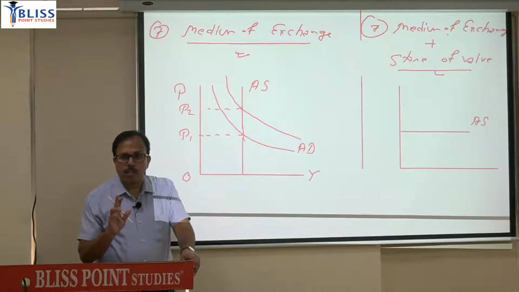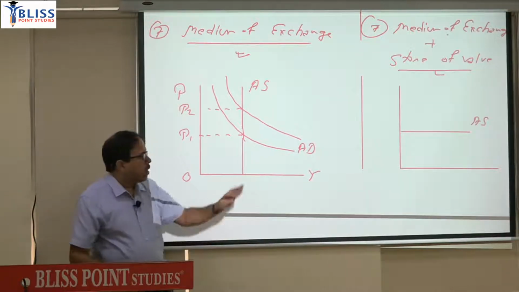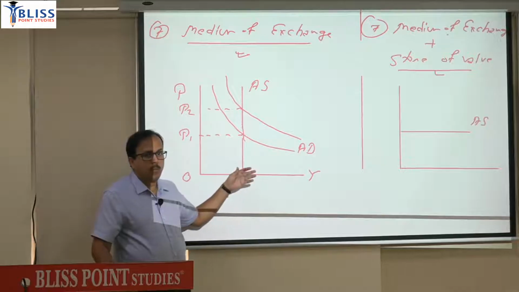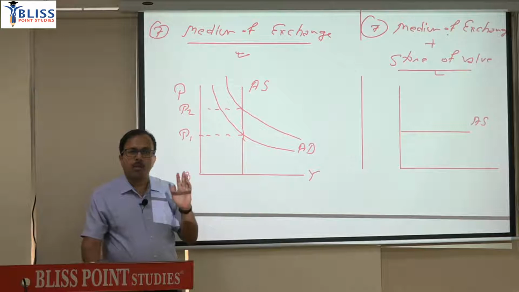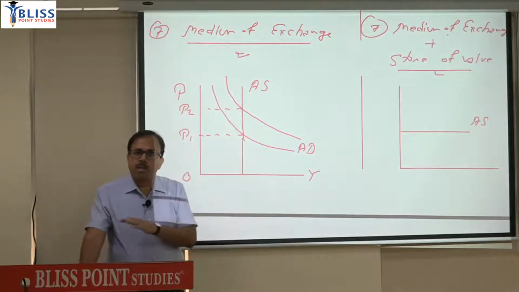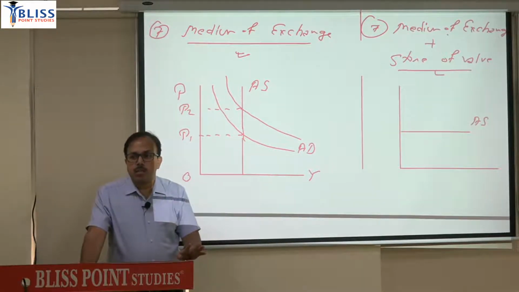Demand is not affecting output, but that means output is determined only by what? Supply. Output is determined only by supply. This is supply side economics. Classical is supply side economics.